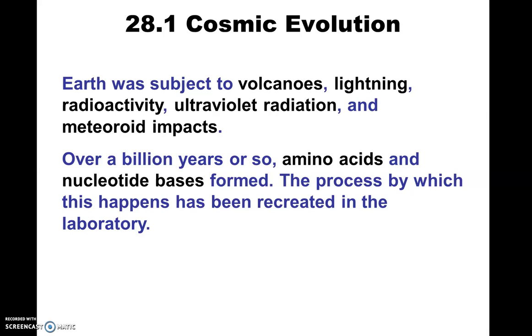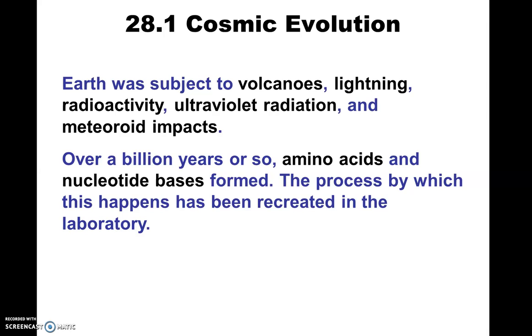That was certainly much more active, that is, meteoroids hitting the Earth in the first billion years of our existence, than is currently going on. I know I already said that.